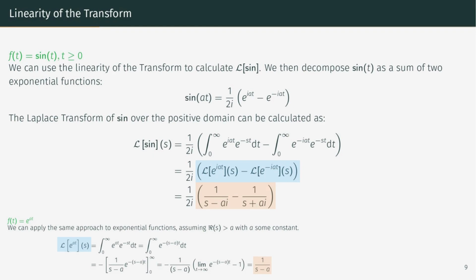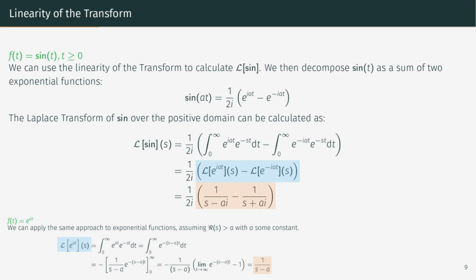We can then see that the Laplace transforms of e to the iat and e to the negative iat will equal 1 over s minus ai and 1 over s plus ai, respectively. If this isn't apparent to you, feel free to go through this example again for these specific Laplace transforms as an exercise.